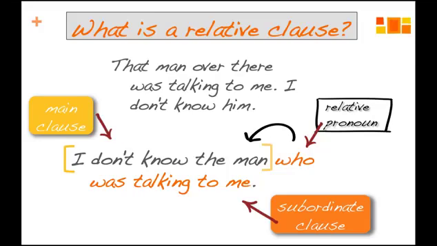Who was talking to me maybe is a question, but that's not the point here. So take the main clause, and the main clause is I don't know the man. I don't know the man, full stop, can stand alone. Take it away, and the subordinate clause is left over, and your subordinate clause cannot stand alone. It's then grammatically not correct anymore, and that makes it the subordinate clause.